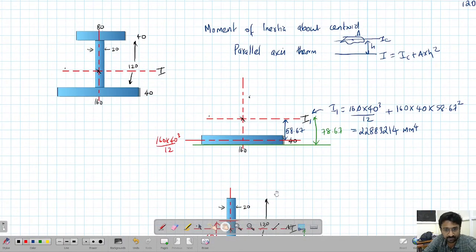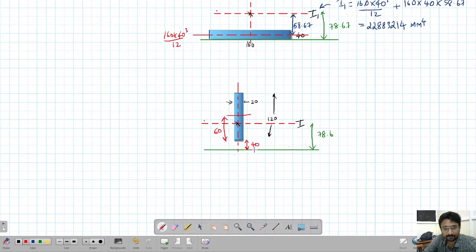Okay, so that means we know this distance. What is that distance? It is nothing but 60 plus 40, 100. 100 minus 78.6, right? That comes out to be 21.4. Okay, 21.4.